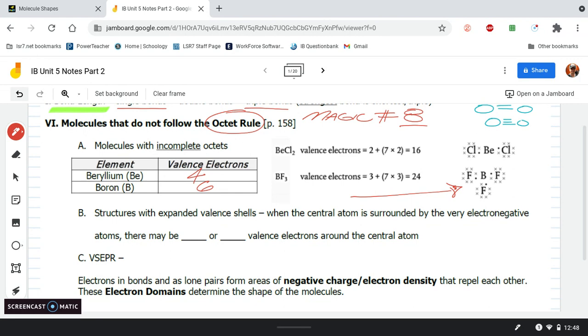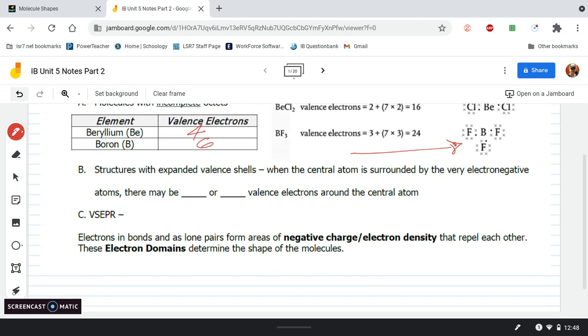But what's actually way more important is the structures that have what we call expanded valence shells, meaning they have more than 8.